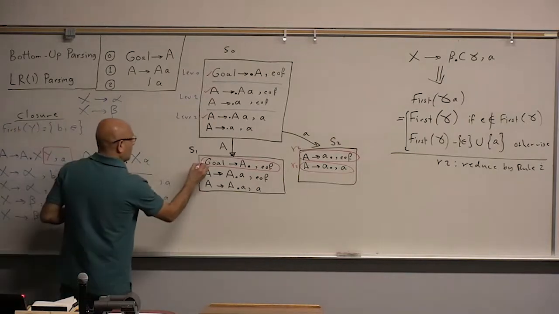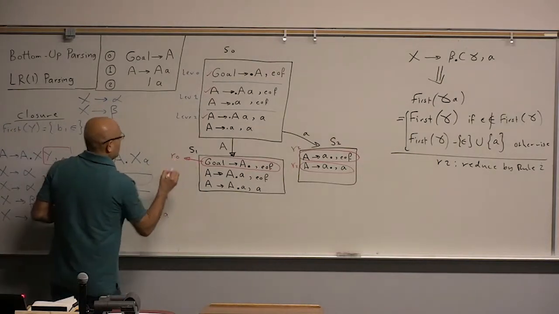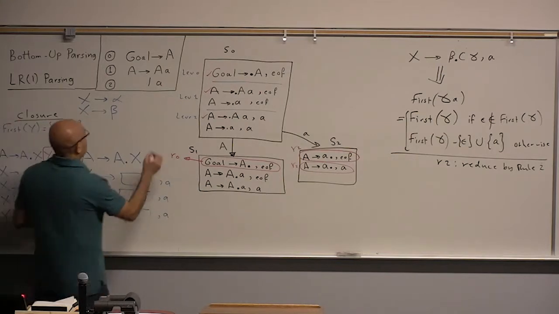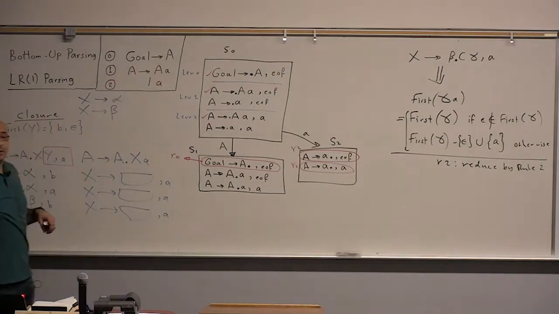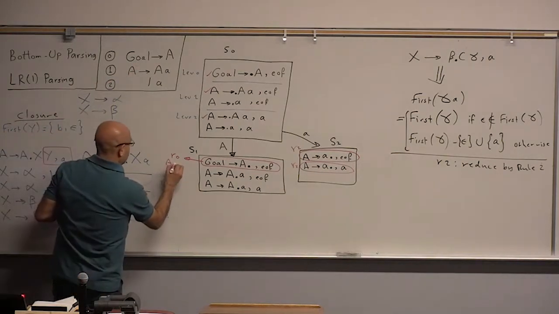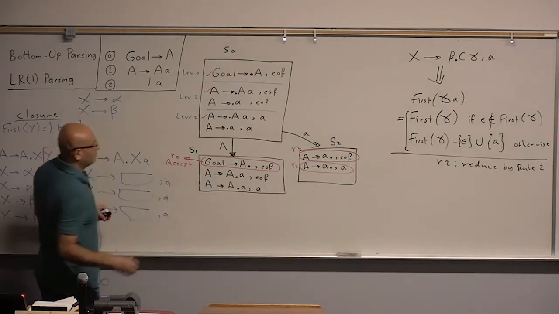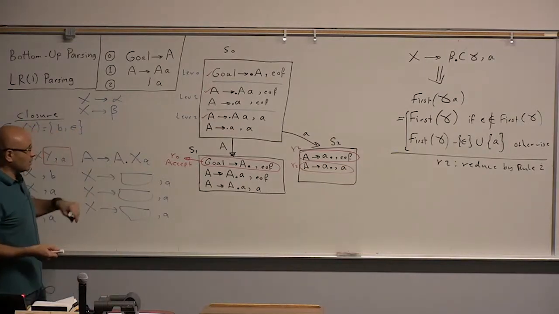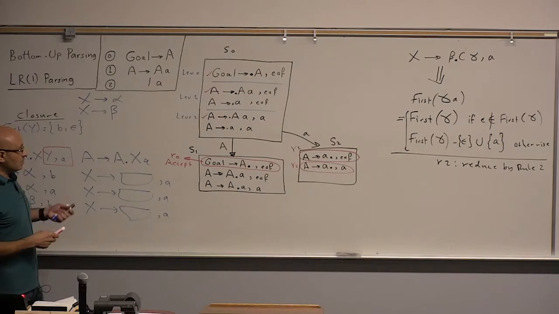So this is the big reduction, R0. And when we reduce by rule 0, we call it accept, because rule 0 is the final substitution which reduces to goal. So this is an accept. We are done when we get there. Now we'll see how we can use this to do the actual parsing.